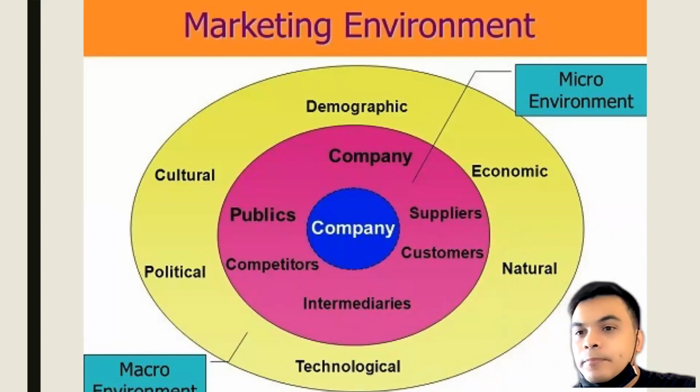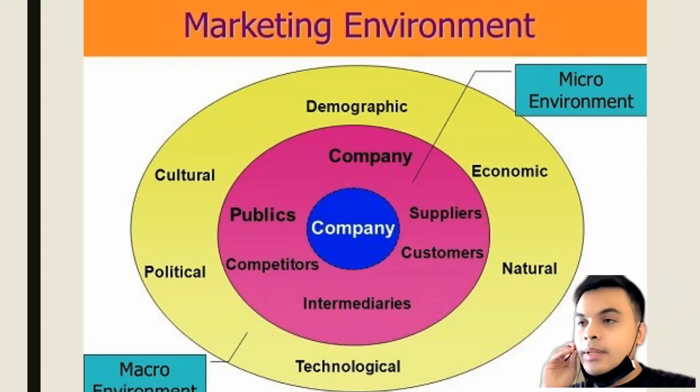As you can see, inside the purple is the environment close to the company, where there is a high degree of control, which includes the public, company, suppliers, customers, intermediaries, and competitors. For the macro environment, we have little to no control.